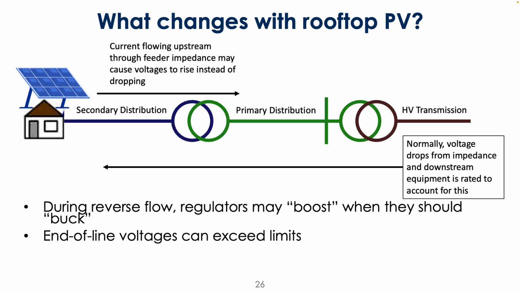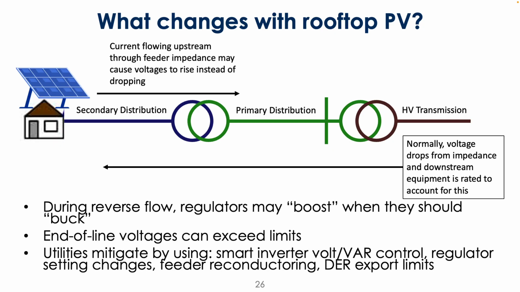And so what ends up happening is that now you have voltages higher than you had originally rated the system to handle, because you didn't anticipate this happening. So end of line voltages can exceed limits, and there are a number of things that utilities try to do to mitigate this.